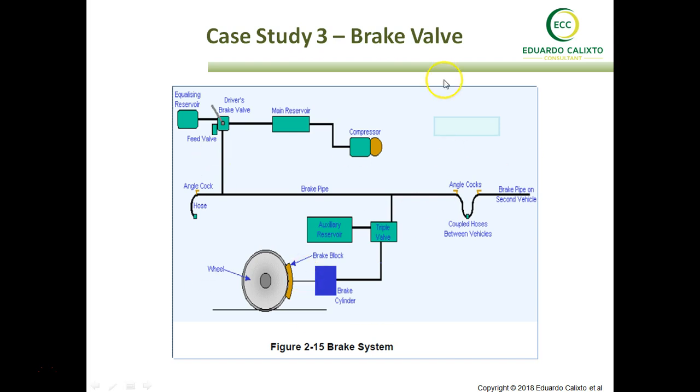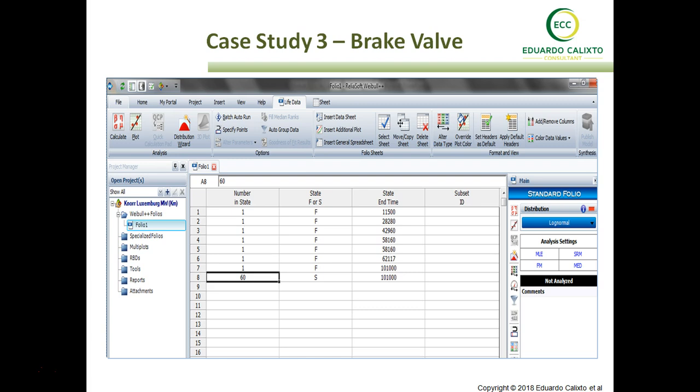Okay, so in this case we are not assessing the whole brake system. Of course we assess the triple valve, and we can see in this example there are some triple valves, and different examples you see in here.